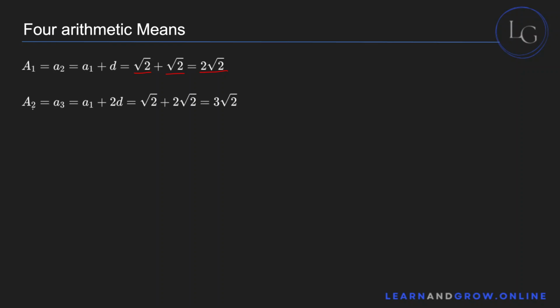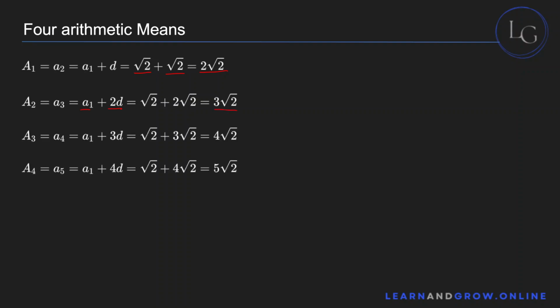Capital A2, the second arithmetic mean, is the third term, lowercase a3. So that becomes a1 plus 2d, obviously, because a1 plus d is the second term, a1 plus 2d is the third term, a1 plus 3d is the fourth term, and so forth. So this becomes 3√2. We'll apply the same logic for A3 and A4, and we'll get the four arithmetic means.